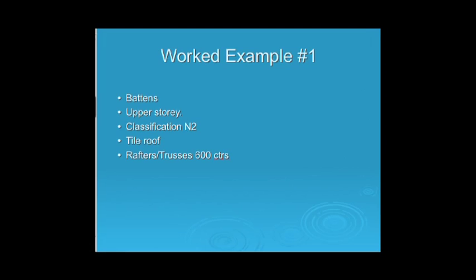Okay. Let's play with some examples. Now, here's the information we're given. We're doing battens on an upper storey. Of course, they're not going to be on the lower storey. N2 tiled roof, rafters at 600 centres. Now, this is the worked example that I've come up with.